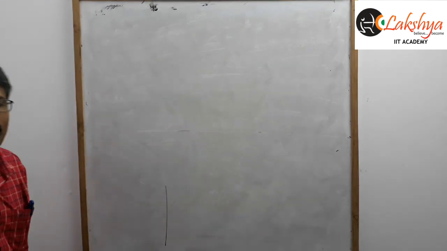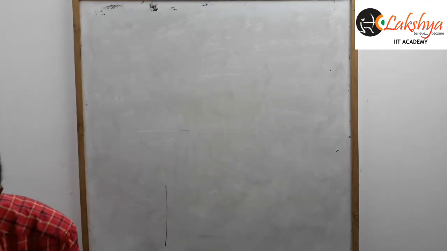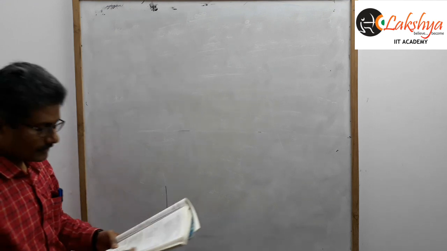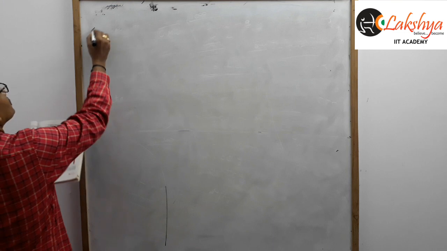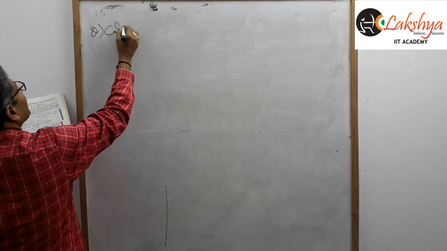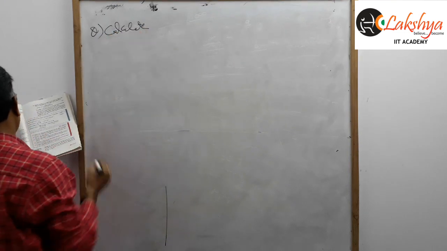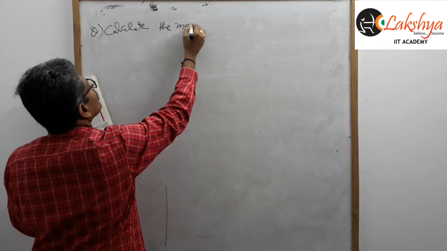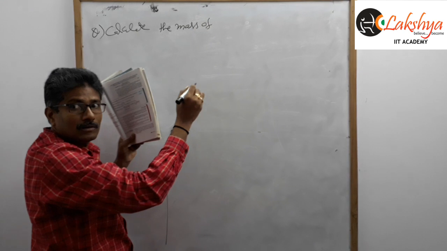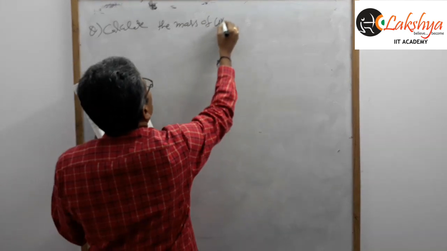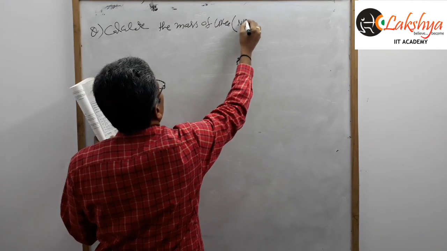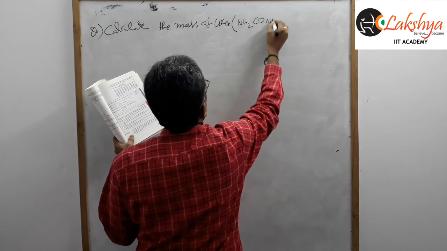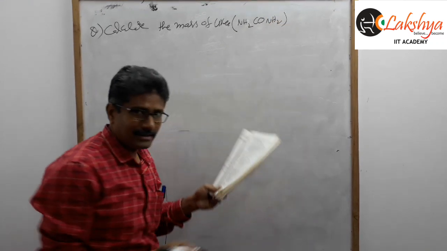Here, one more problem is there. I am telling the problem. Please note down first one. The problem is: calculate the mass of urea, formula for urea is NH2CONH2. It is also given here.